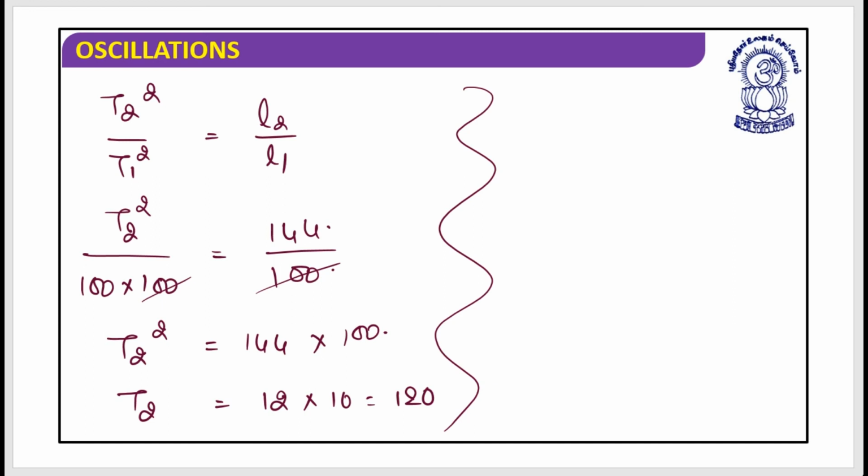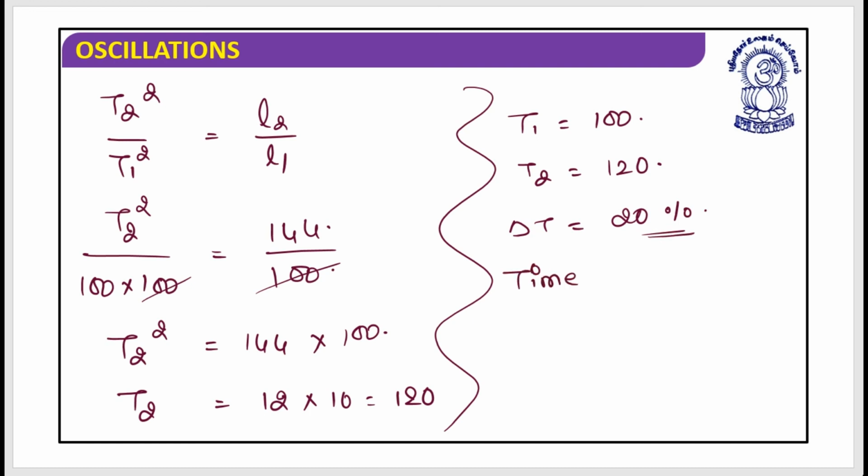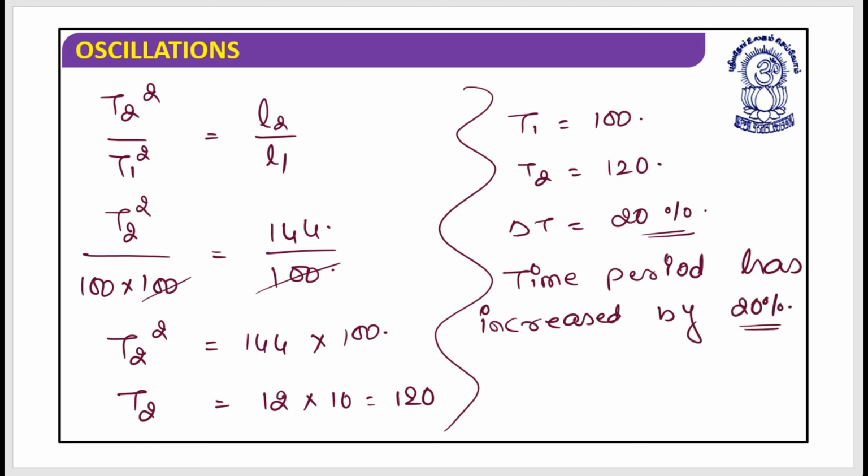Initially T1 was 100 and T2 is 120, so there is a change of 20%. So the time period has increased by 20 percent.